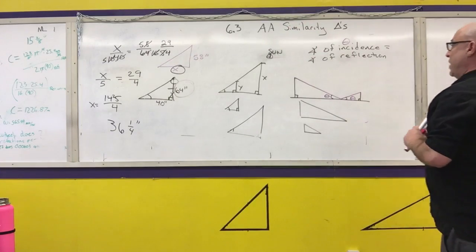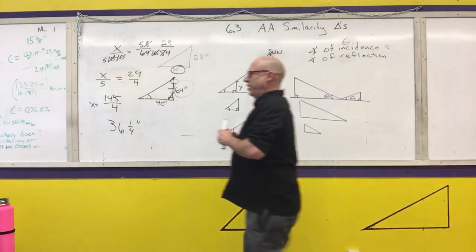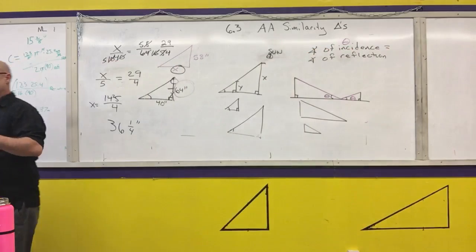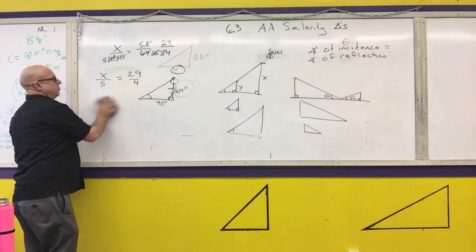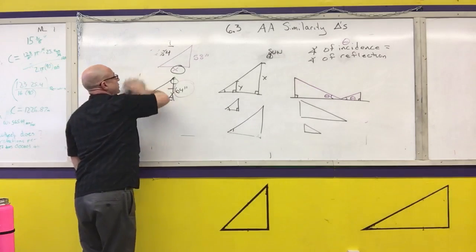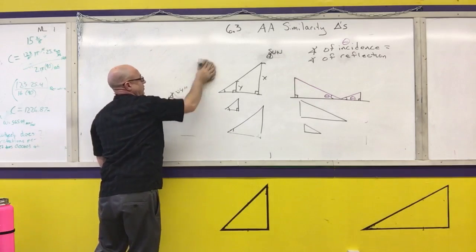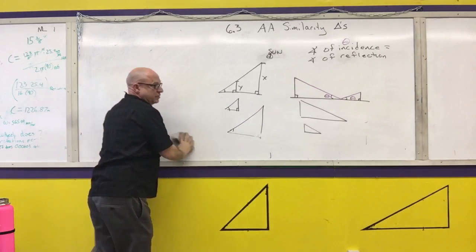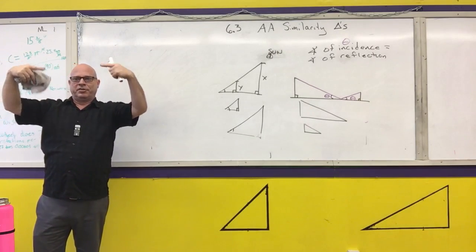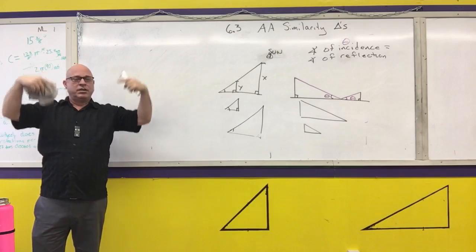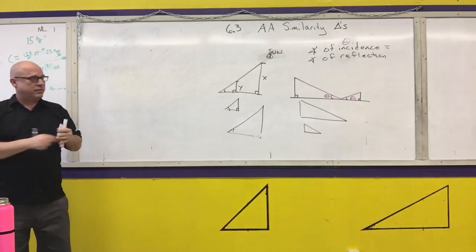The other type of problem that we're famous for in these types of things is we learned how to construct midsegments. We had a couple sections on midsegments where we connect the midpoints of two sides of a triangle. What do we know about that midsegment?